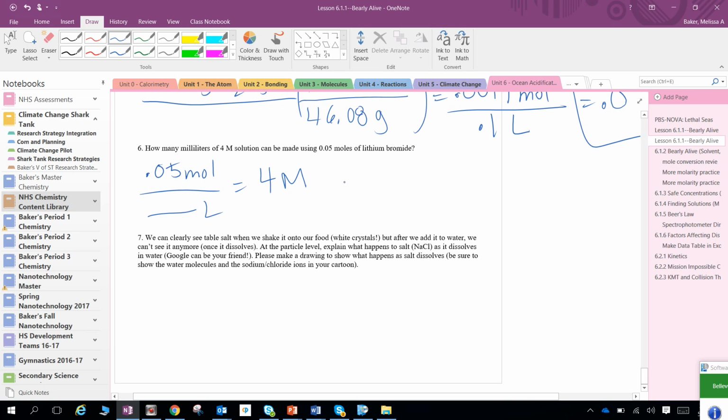So once we swap those two, we're really taking 0.05 moles divided by 4 molar, and we're finding out that that's 0.0125 liters. So what is that in milliliters? We need to multiply by 1,000, and it comes out to be 12.5.